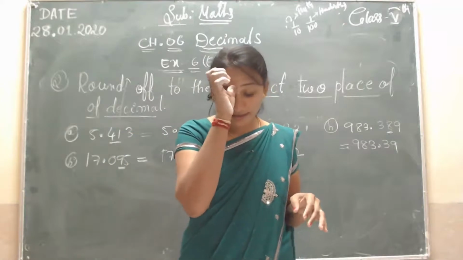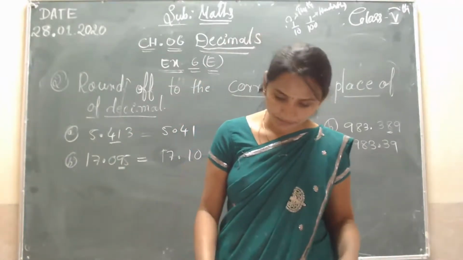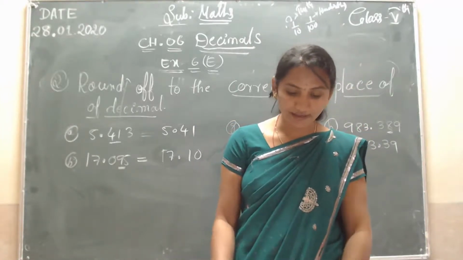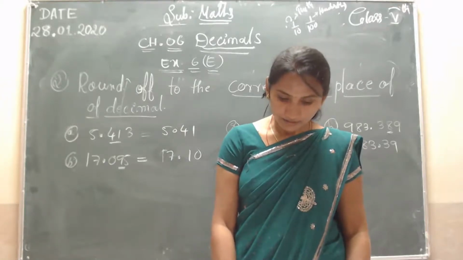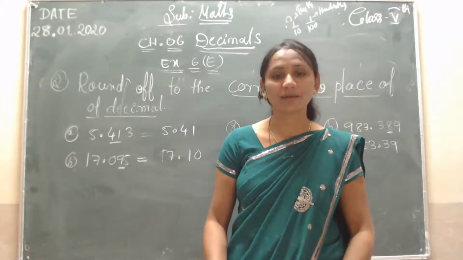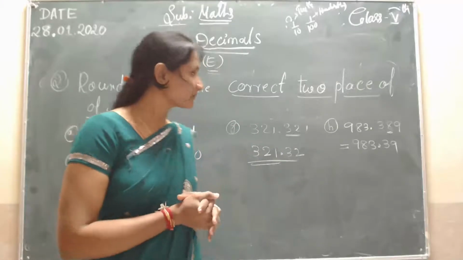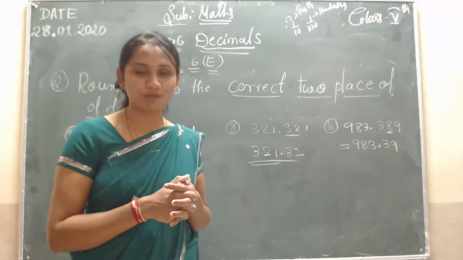In the next classes I will take a new lesson, students, on money. Already 7th lessons are completed. Today the chapter 6, the decimal, is completed. Next classes I will continue and start a new chapter, students.